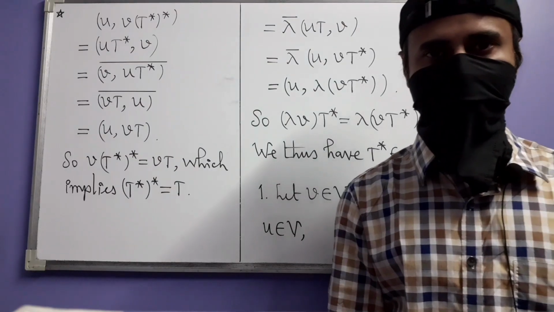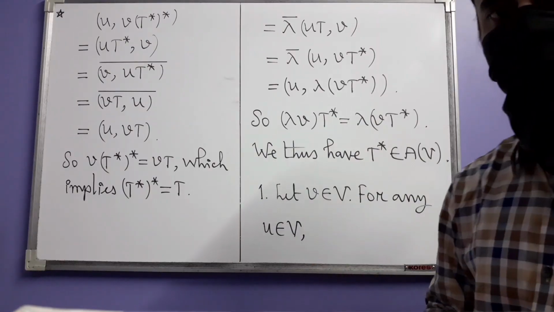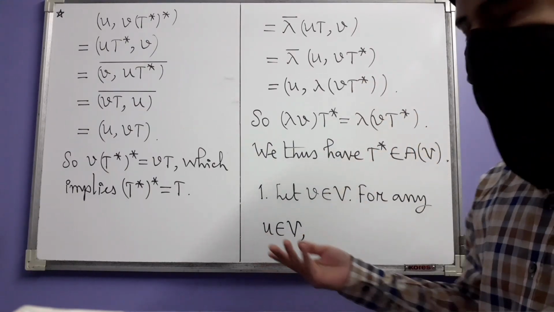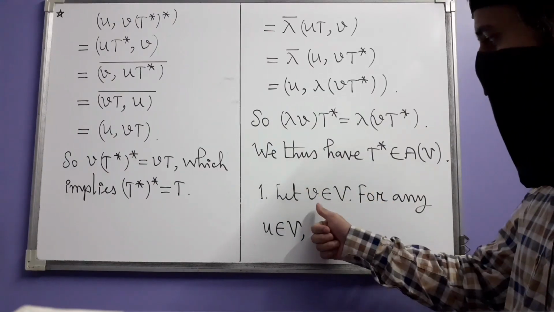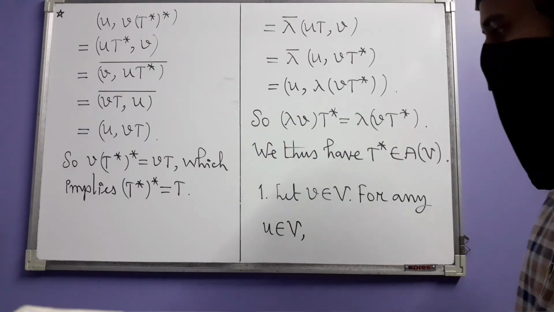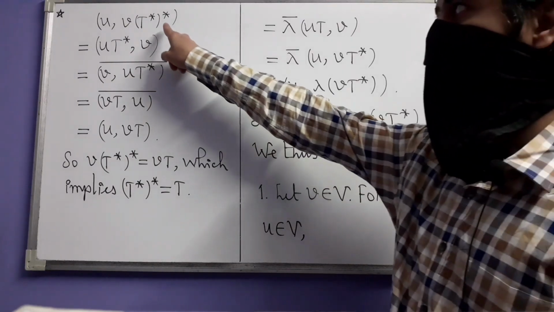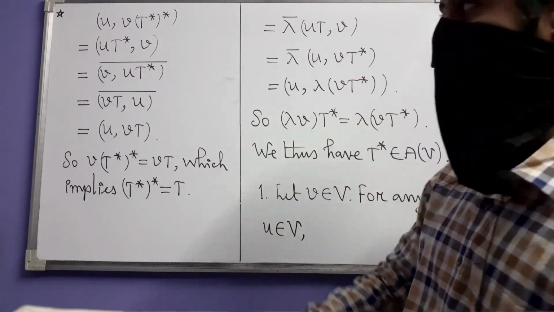So next we have part 1. For part 1 we have again started by considering these things. If you want you can continue this, but I have decided to do it separately. So again I have taken V to be any vector in V. And then for any u belonging to V, you consider this. By now you know what to do, how to start the calculation.